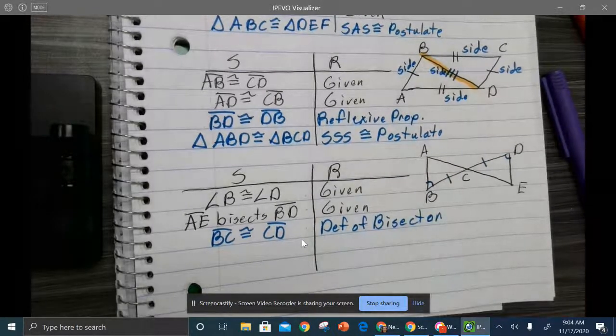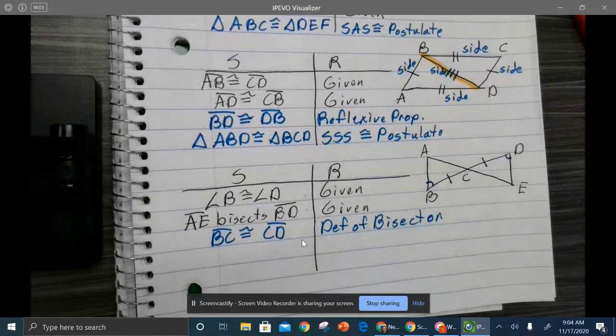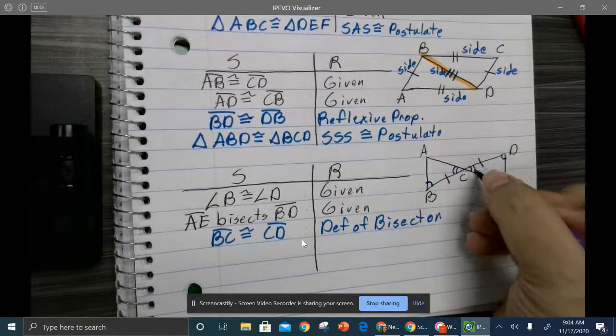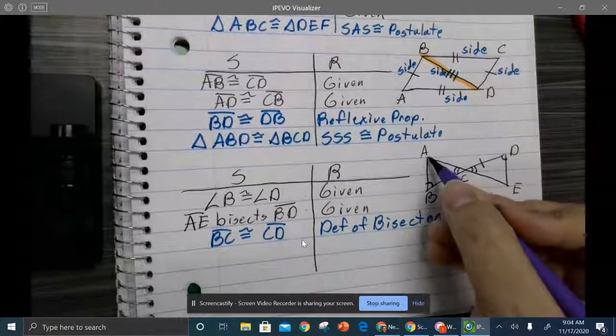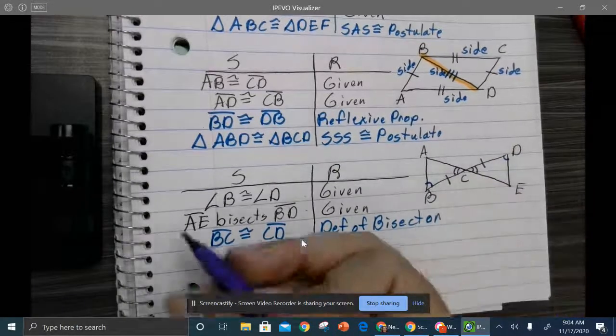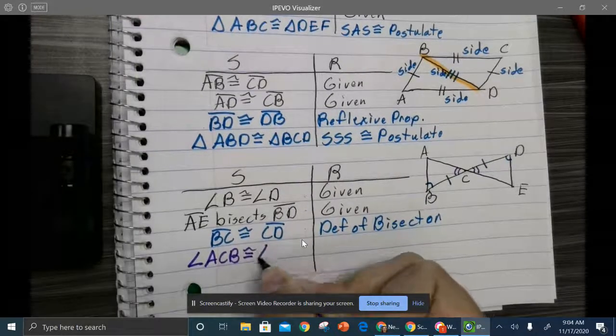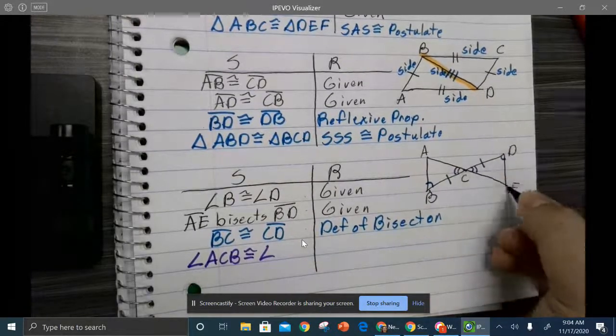Okay, and then we know with our bow ties that our vertical angles are congruent to each other. So angle ACB is congruent to DCE.